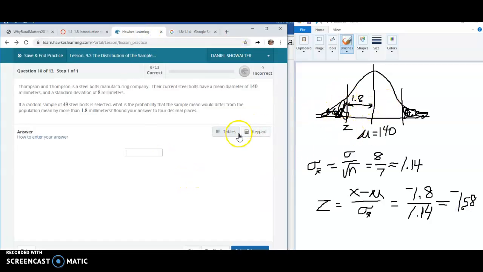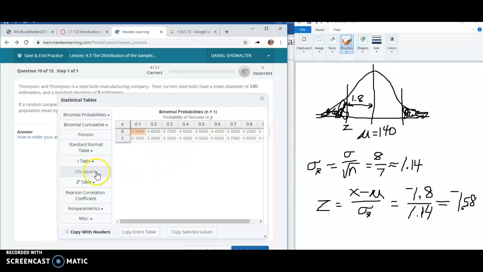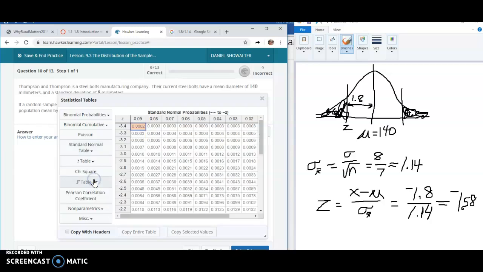That's this z-score value here, and we can look that up on the table. So we're going to the standard normal. We're going to the negative infinity to negative z because we're on the left side. Positive z would be over here. And we are looking for that z-score of negative 1.58 right there. So that's 0.0571. That's the portion that's in this one tail right here.